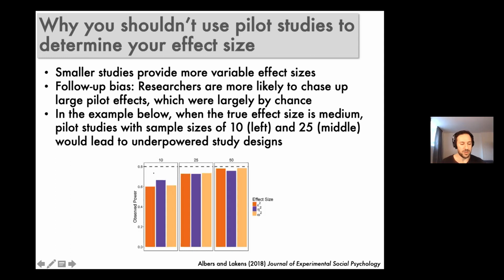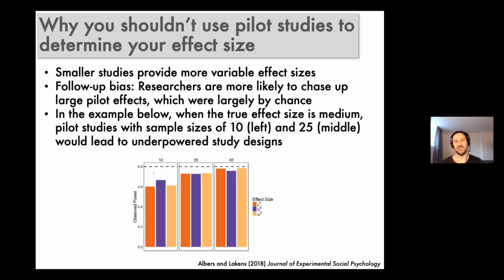So in this example, in this plot, we can see, assuming that the true effect size is medium, and with pilot studies of 10 or 25, this would lead to underpowered study designs. If you're doing a pilot study of 50, you're actually getting pretty close. And in many research fields, 50 is actually the number you do in a normal study.